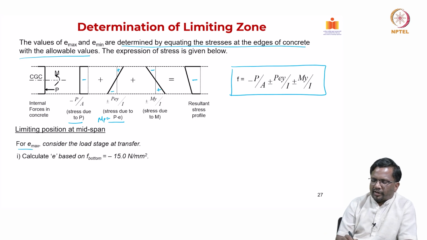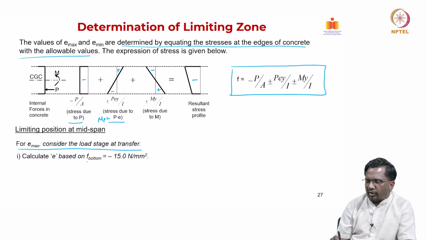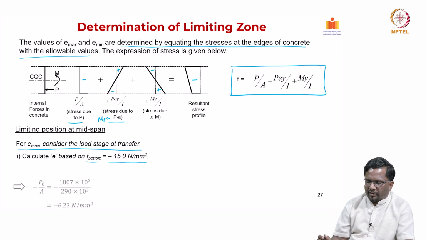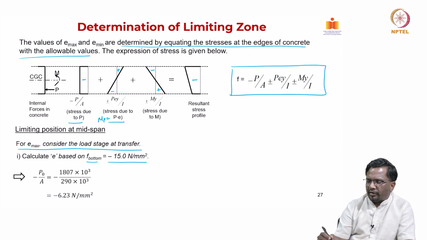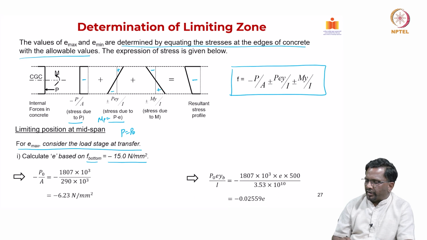E max will be governed by the transfer condition. Stress at the bottom is negative 15 megapascal. So, let us look at all the components. The first component, the concentric component at transfer, P will be equal to P naught, which is 1807 kilonewton, divided by the area.